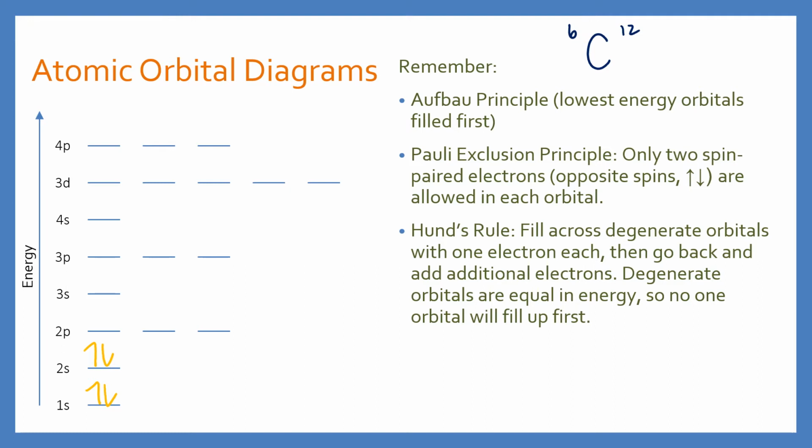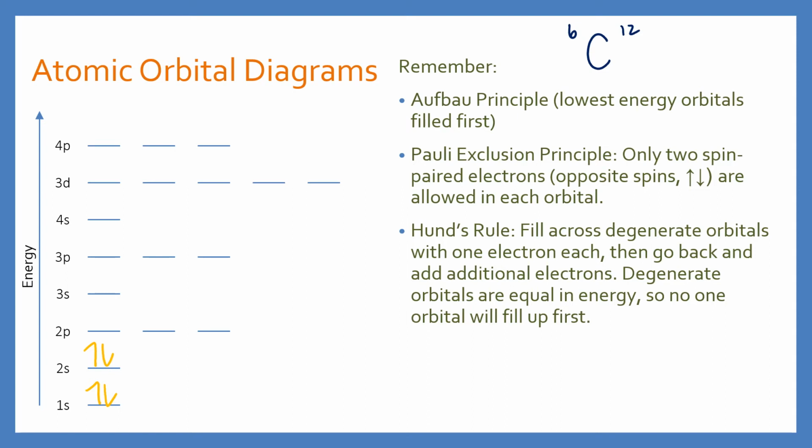And this is Hund's rule. Hund's rule says we fill across degenerate orbitals with 1 electron each, then go back and add additional electrons. Degenerate means that they are equal in energy, that they are essentially the same, so no orbital will fill up first. Degenerate does not mean badly behaved orbitals, it just means that they are equivalent.